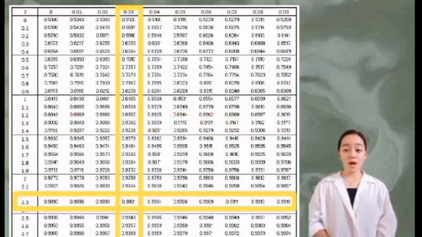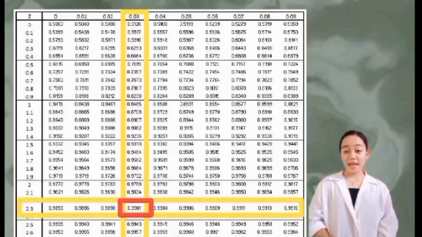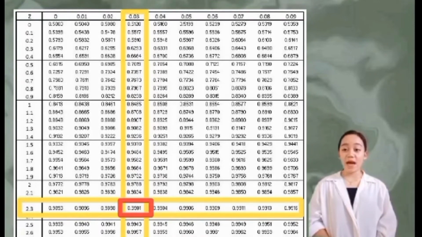Step 2, go across to the first column with the third digit of our Z-score, which is 0.03. And lastly, we can now find the value at the intersection of the row and column. The value of our Z-score from the Z-table is 0.9901.